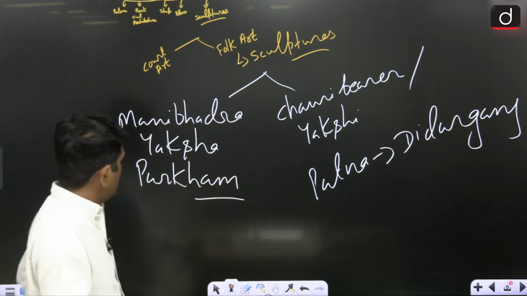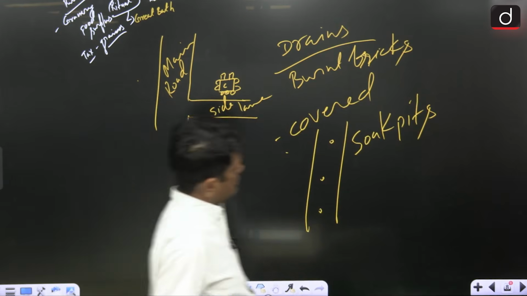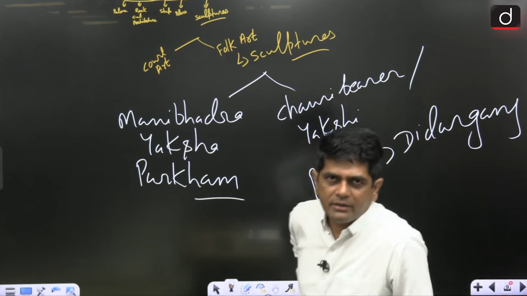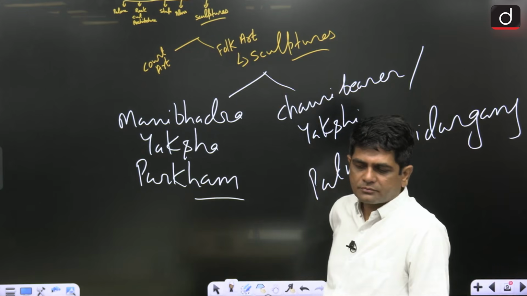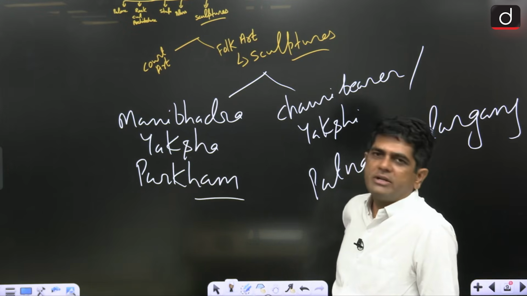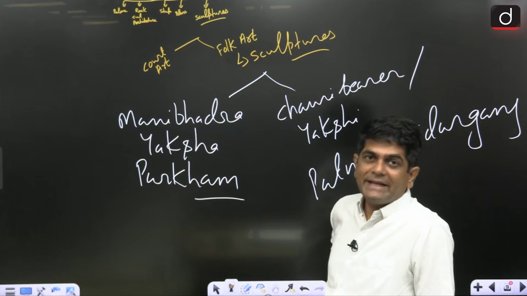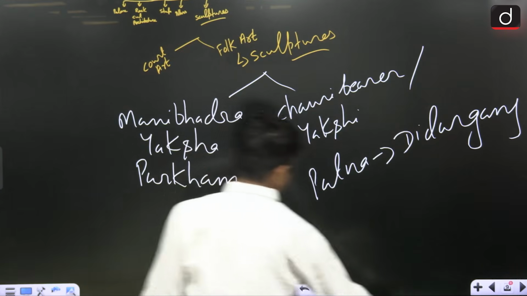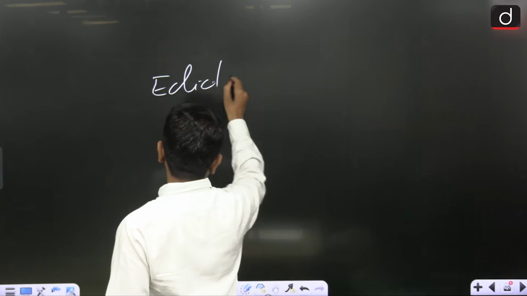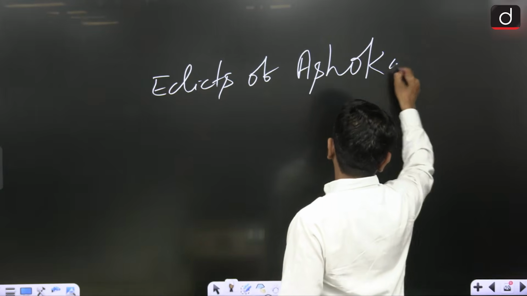So that was all about Mauryan art and architecture. Now one more point that I will discuss about the Mauryan phase is Ashokan Edicts, the edicts of Ashoka.